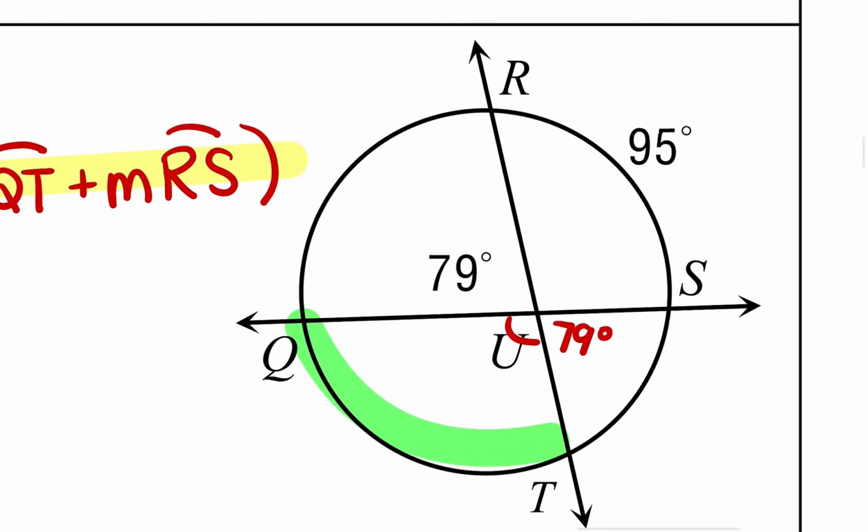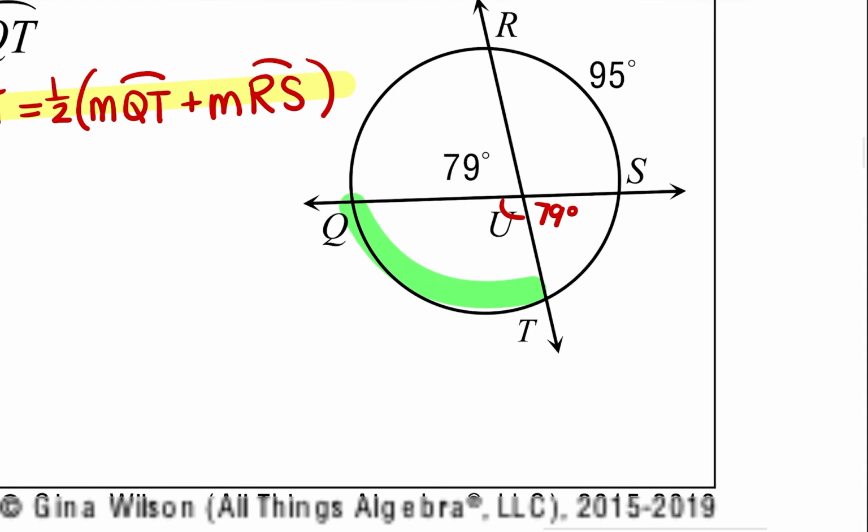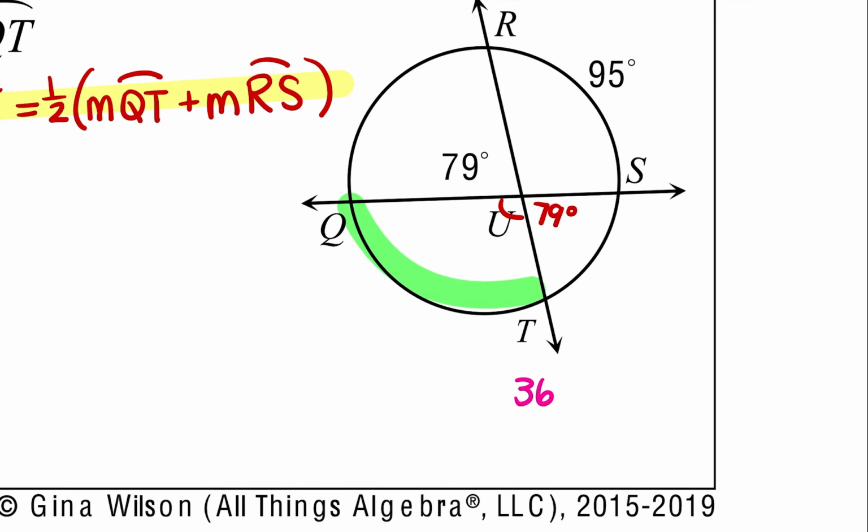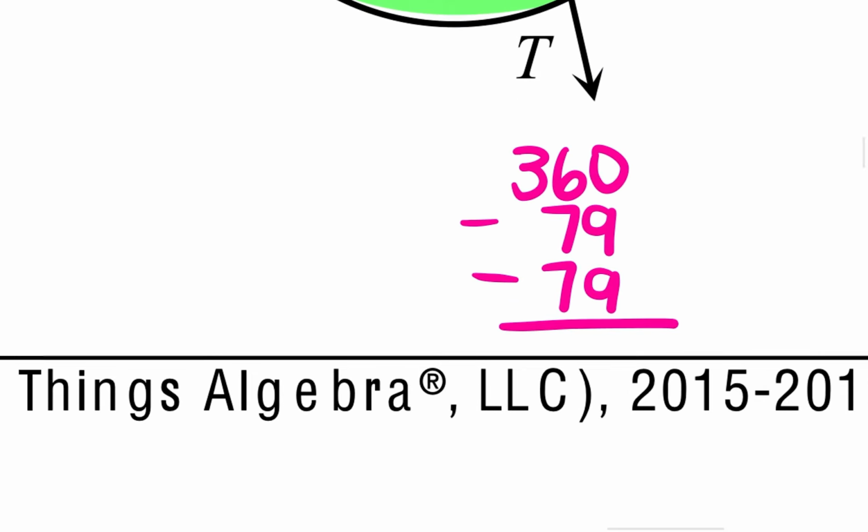Okay? And then with that being said, I now know that if I do 360 minus 79 minus another 79, right? That's going to give me 202.